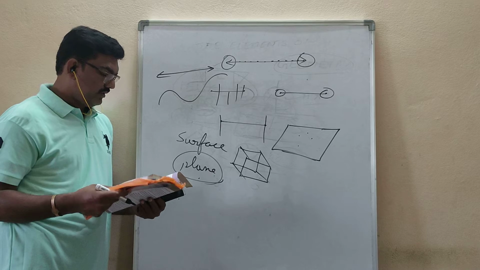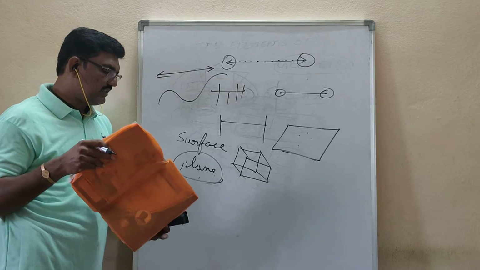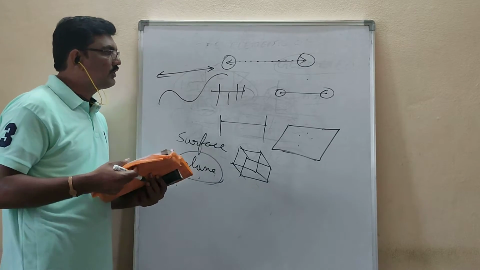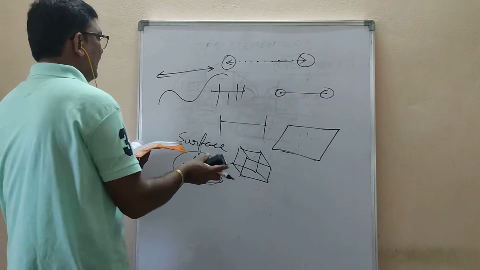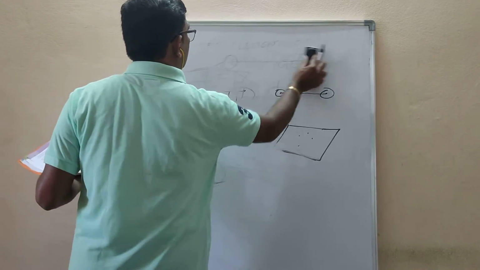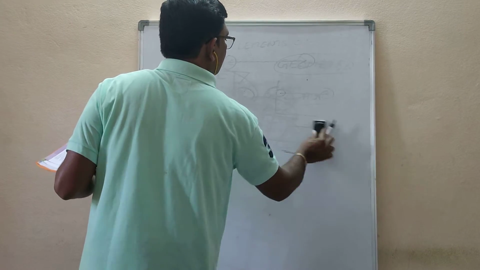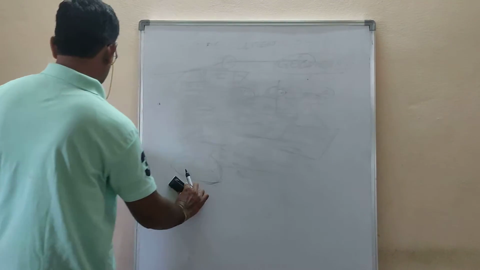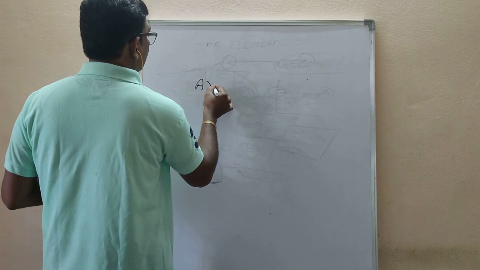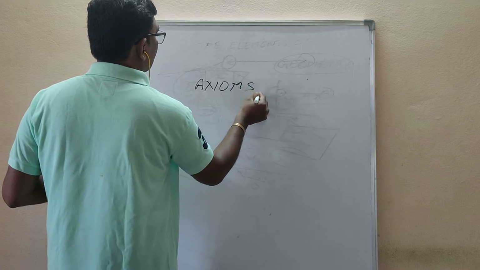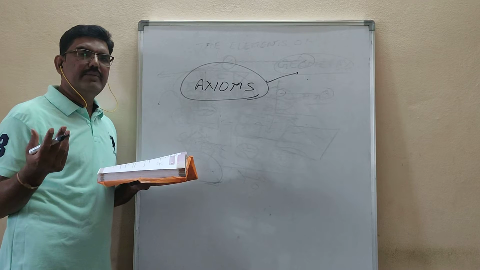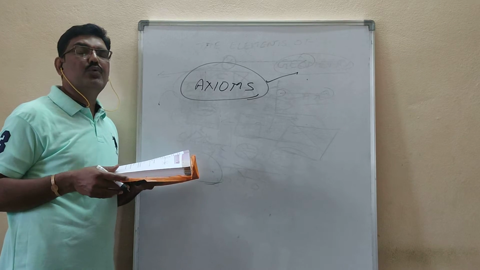And now we should know the actual meaning of axioms and postulates. Axioms and postulates are very important. Axioms are self-evident. Self-evident means no one will ask for any proof.